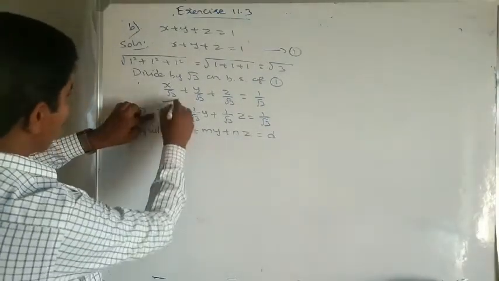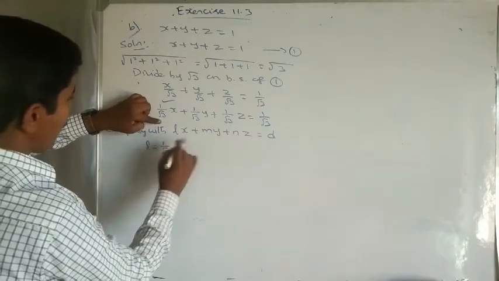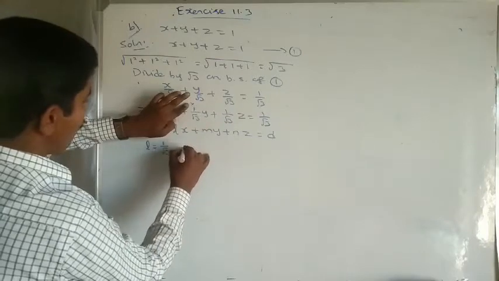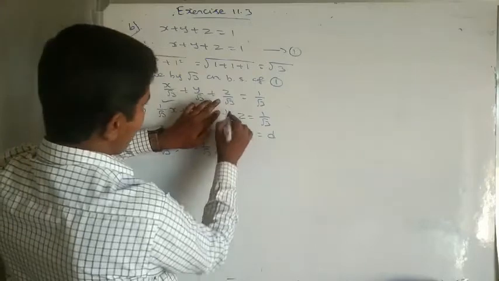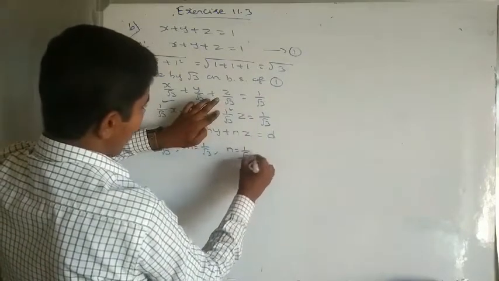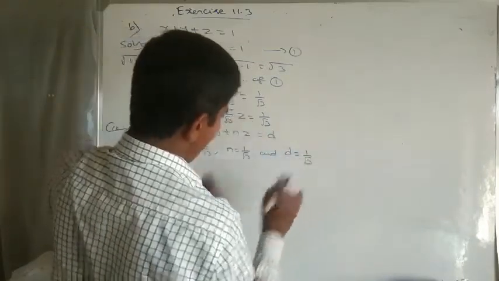The x coefficient L is equal to 1 by root 3. The y coefficient M is equal to 1 by root 3. The z coefficient N is equal to 1 by root 3. And the distance D is equal to the right side value, 1 by root 3.